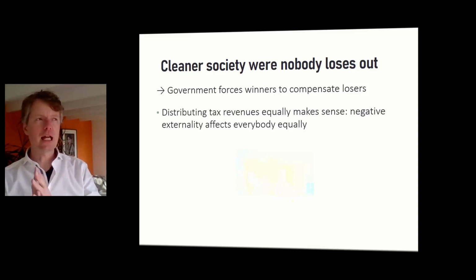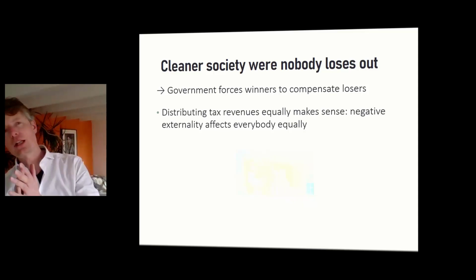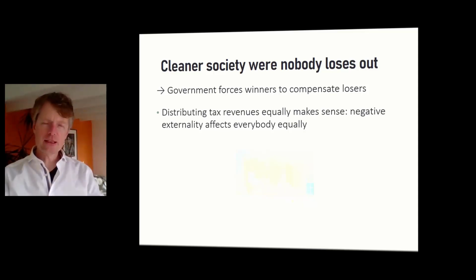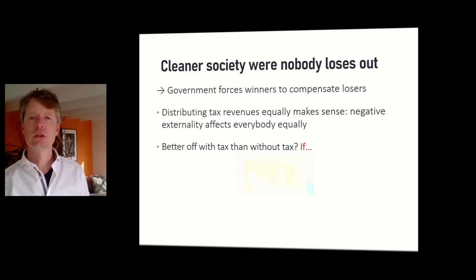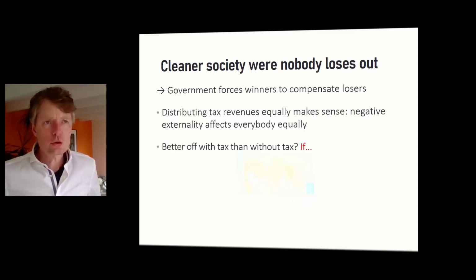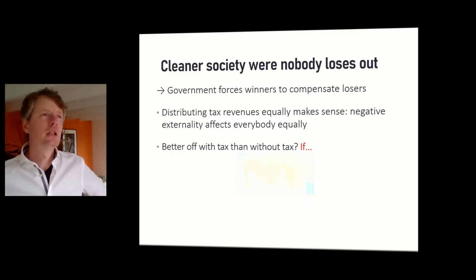So every deal adds $20 in terms of pollution damage, but the government gets in $20 and distributes that equally to everybody. So basically, the pollution damage is zero. It makes sense to do this equally because the pollution damage, air pollution, damages everybody equally, at least in the assumptions that we are working with now in the experiment.